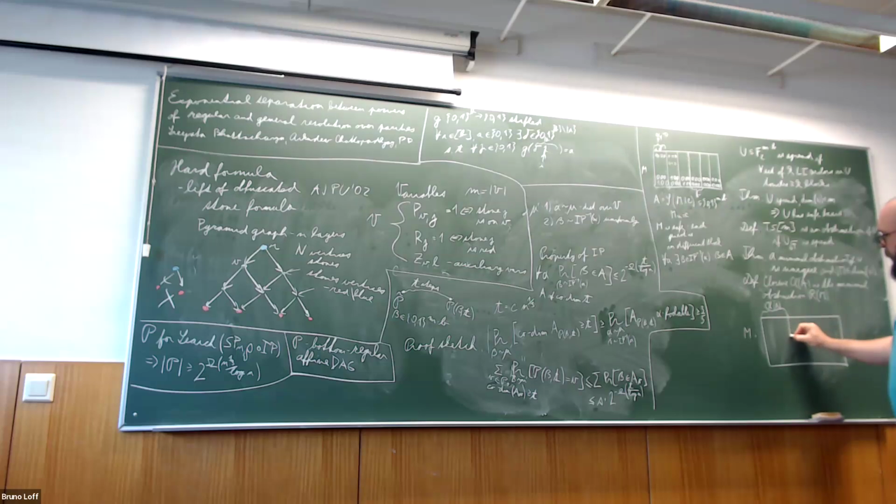We have some matrix M prime here, here are zeros, and here we have the same matrix. And you can have this for any affine space. This is the general case, right?